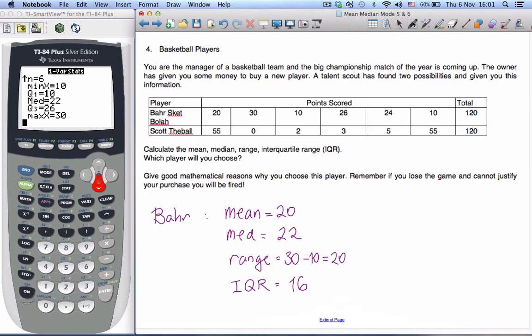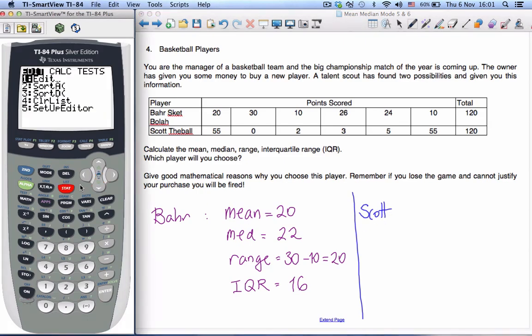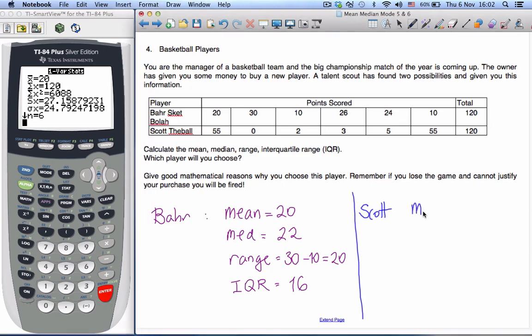All right. Let's see how that compares to Scott the Ball. Stat, calculate, one var stat, but this time I'm going to type in L2 because Scott the Ball's data is stored in L2. We leave the frequency list empty and calculate. Again, the mean was 20.